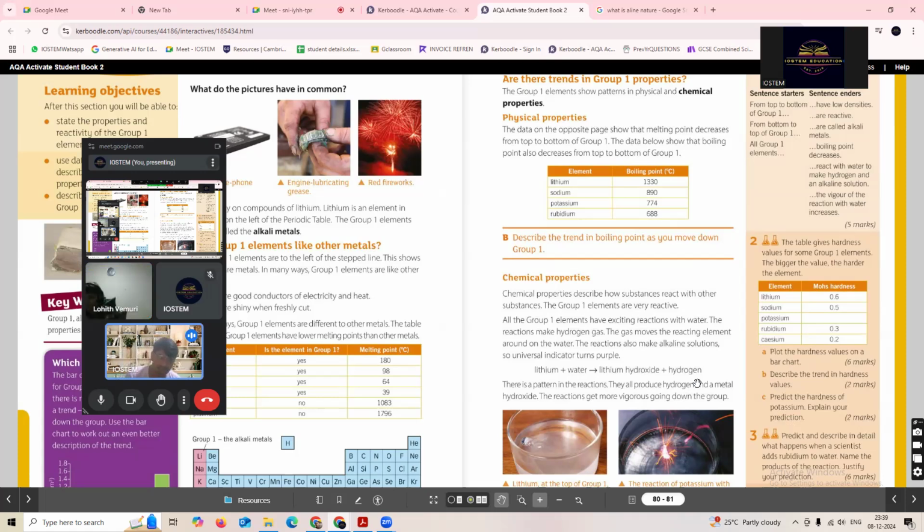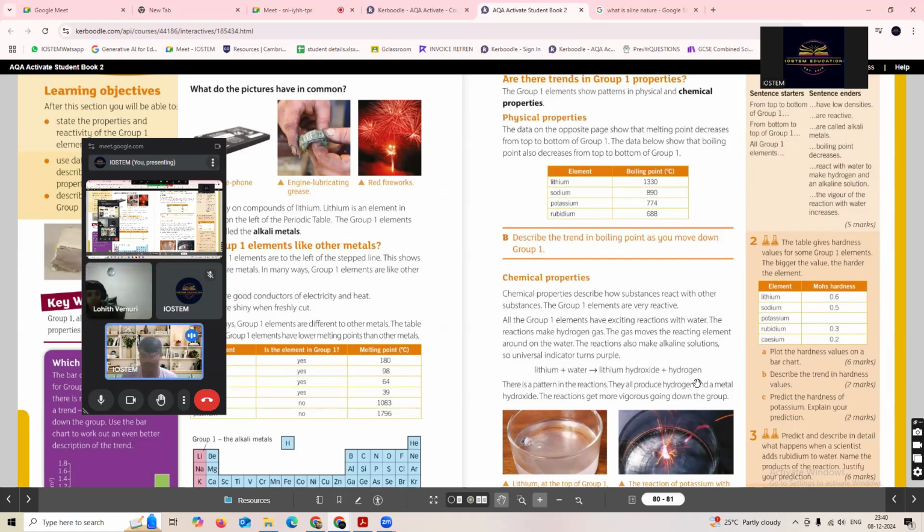Or you can say it like this, because this is a 2 marks question, so you have to elaborate a little more. The hardness of the potassium will lie between 0.5 to 0.3, and it should not be greater than 0.5 and it should not be less than 0.3. You understood? Yes. So you have to elaborate like this, then you will get full marks.